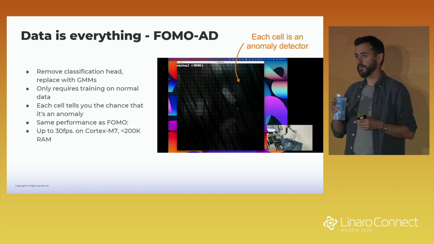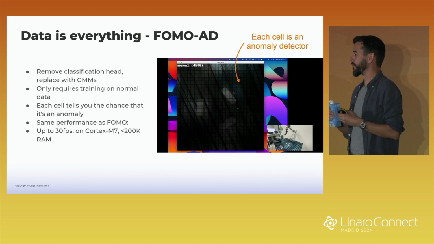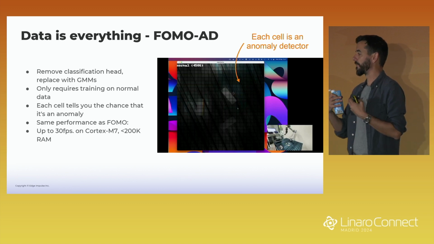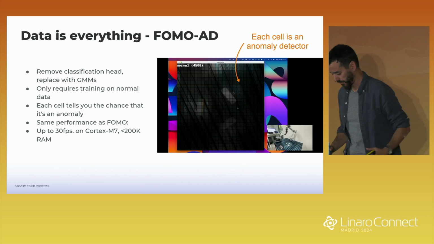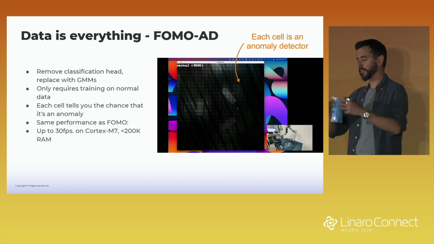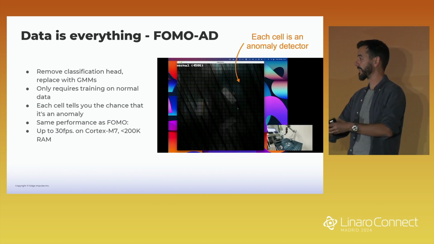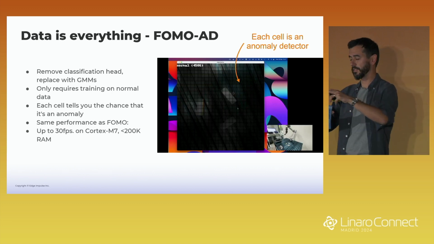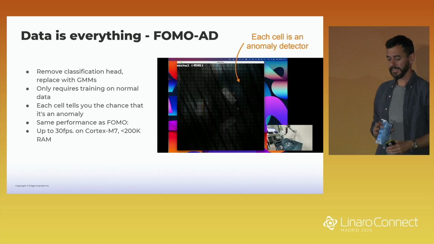We created several algorithms like FOMO AD to basically require less data, because most people come to you with observations, with photos of some industrial process or something, and tell you, hey, I have the data. I want an algorithm that optimizes this and makes it super smart and detects this and that.